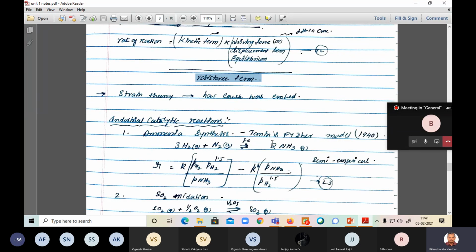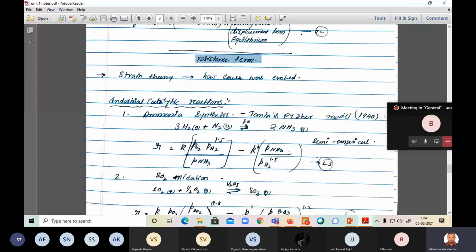So some industrial catalytic reactions, the rates of that using this particular Langmuir-Hinshelwood kinetics, what it came. Now this is the reaction H2 plus N2 gives ammonia. This is ammonia synthesis. H2 plus N2 gives you ammonia in presence of iron catalyst.